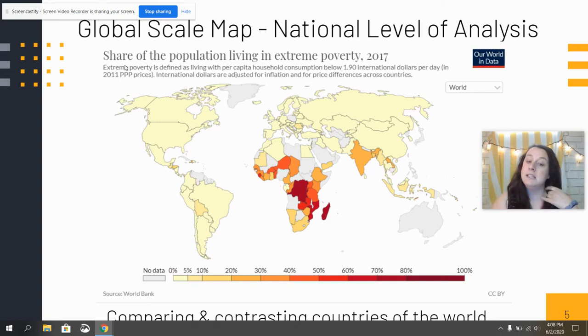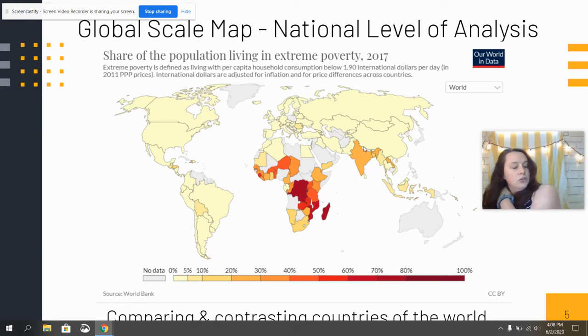It's the same thing in these countries with really high levels of poverty. There are very rich people that live in Madagascar and are not living on a dollar 90 per day. Or India, for example. There are wealthy people in those countries.